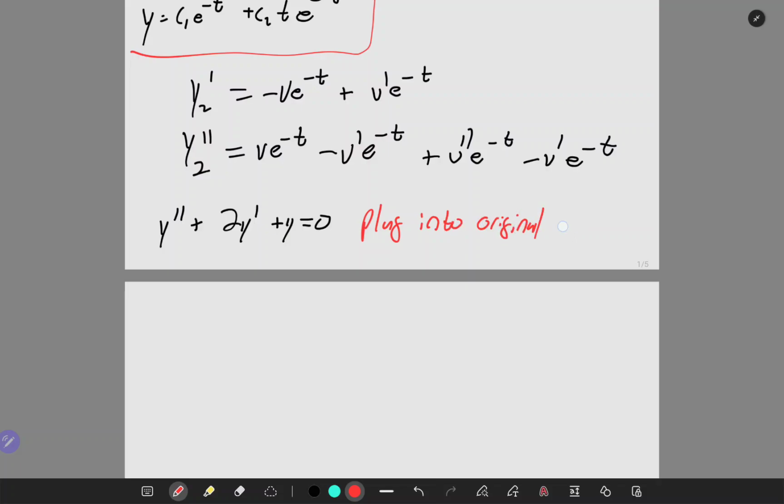So for y2 double prime, we'll go in for y double prime. So that's v e to the negative t. Now we have two of these, so these will combine. This becomes minus 2 v prime e to the negative t plus v double prime e to the negative t.